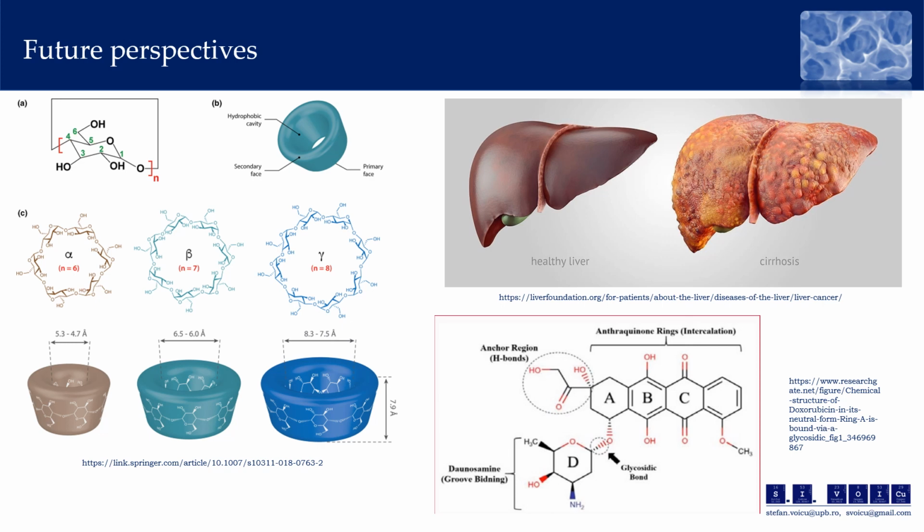Basically, our invention proposed the synthesis of some supramolecular architectures based on cyclodextrins, and in these supramolecular architectures, we entrapped doxorubicin, and more than that, these supramolecular architectures are functionalized with monoclonal antibody for alpha-fetoprotein. Alpha-fetoprotein is the tumor marker for liver cancer.